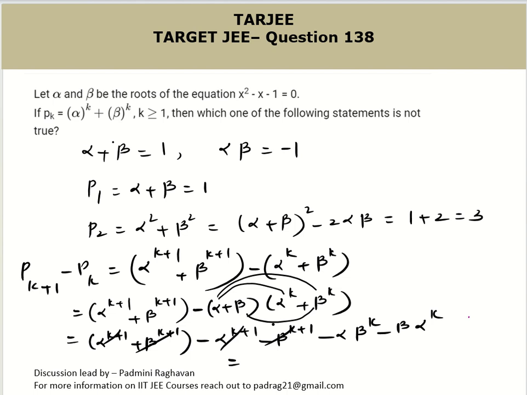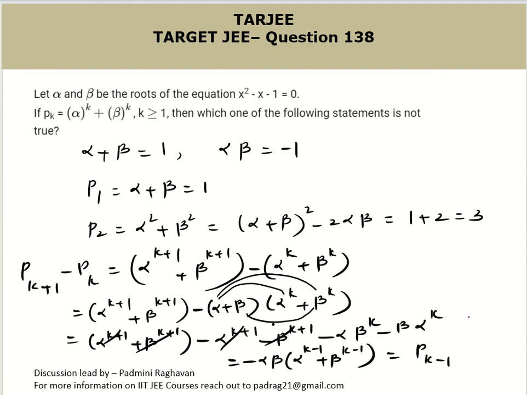You can pull out a −αβ common. Within the bracket you have α^(k−1) + β^(k−1), which is P(k−1). We know αβ is −1, so −(−1) is 1. So I get this to be equal to P(k−1).